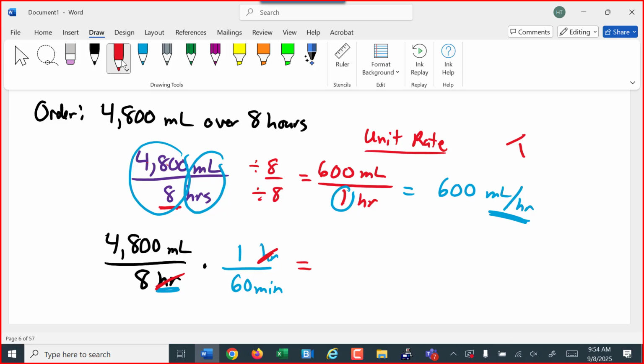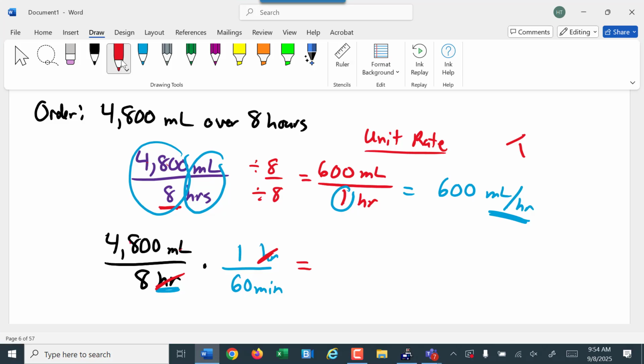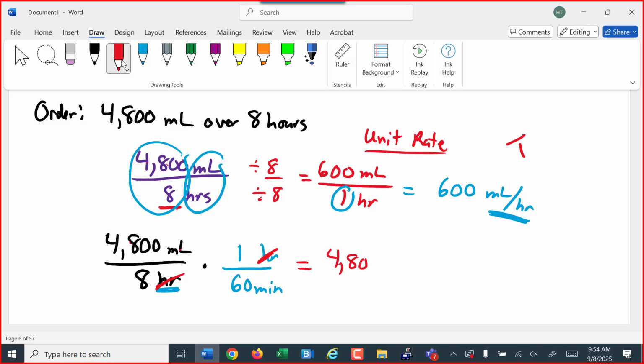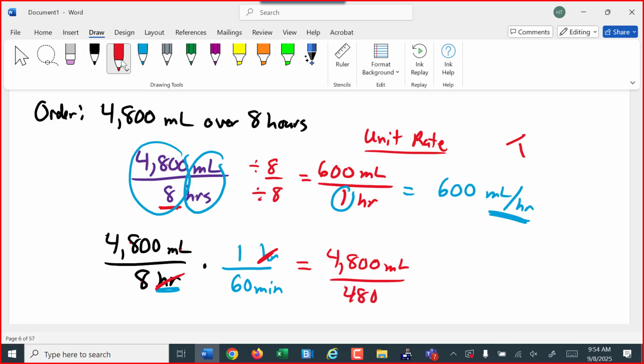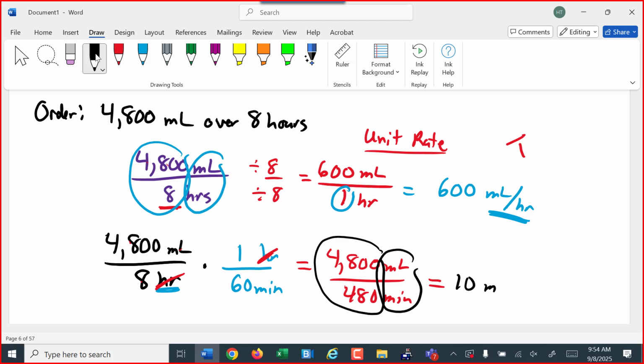On top, we have 4,800 milliliters times 1, which is 4,800 milliliters. On bottom, we have 8 times 60 minutes, 480 minutes. And now, again, we'll do that shortcut to divide it out. 4,800 divided by 480 is just 10. Milliliters divided by minutes is milliliters per minute.